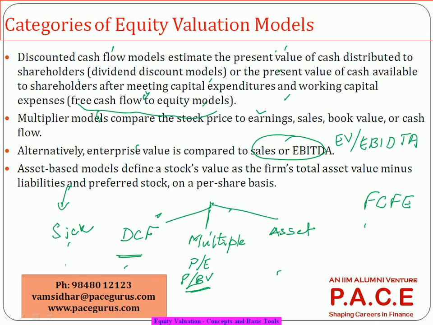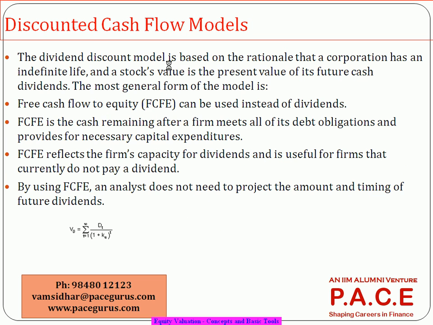If at all I want to value those kinds of companies, generally asset based valuation models are used. For a company which is performing well, which has a lot of prospects, then discounted cash flow based models are more appropriate. That's how we can use each of these models.